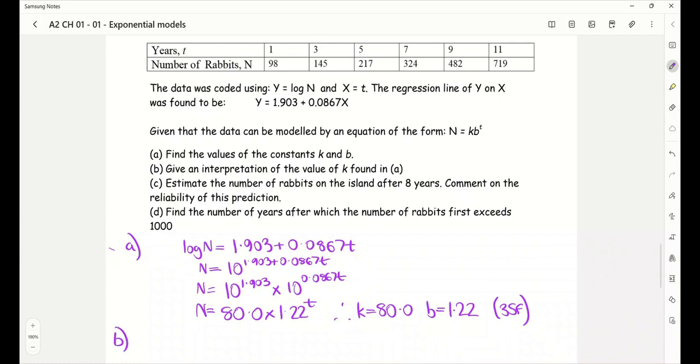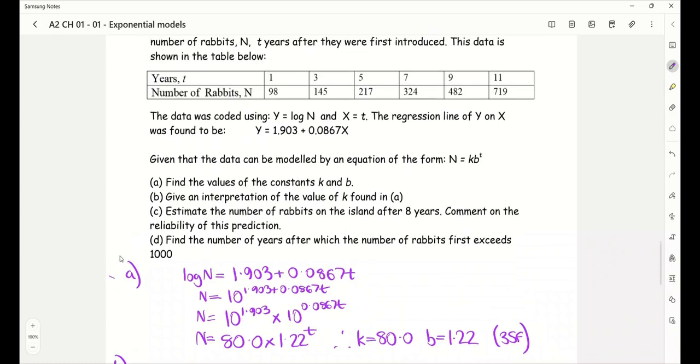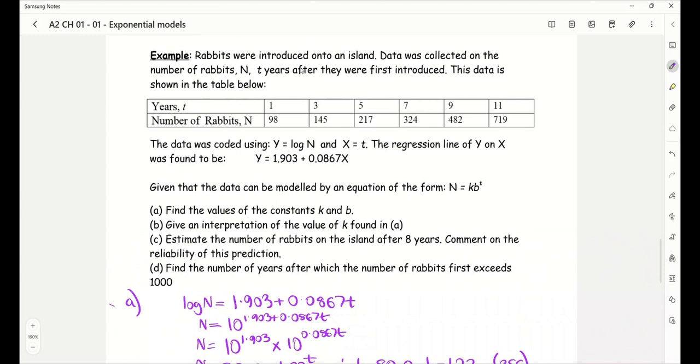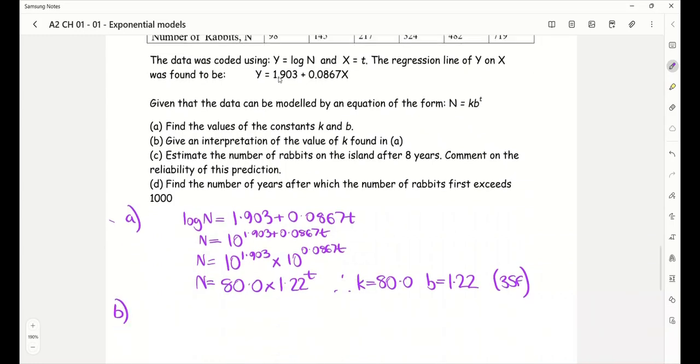Right, part B. Give an interpretation of the value of k found in A. So k is 80.0. Looking at the beginning of the question, t is the years after they were first introduced. So let's see what happens when we let t equal 0, the initial part of the data collection.